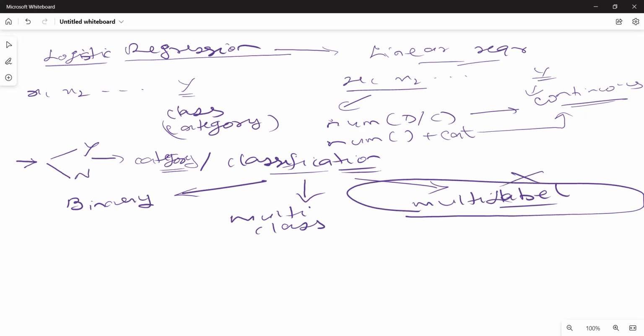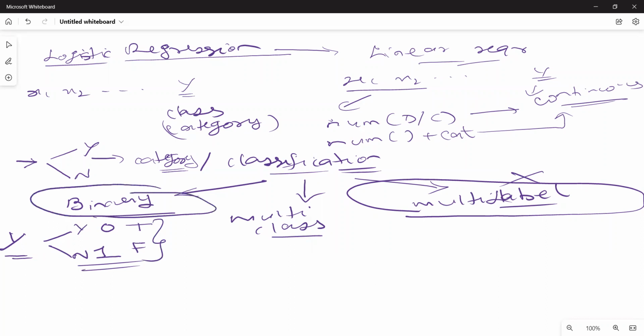Let us leave it for the time being and focus on binary class and multi-class. A binary classification is a type of classification where the outcome has only two categories, yes or no, or 0 or 1, or true or false. Any one of these two. This is called binary classification.